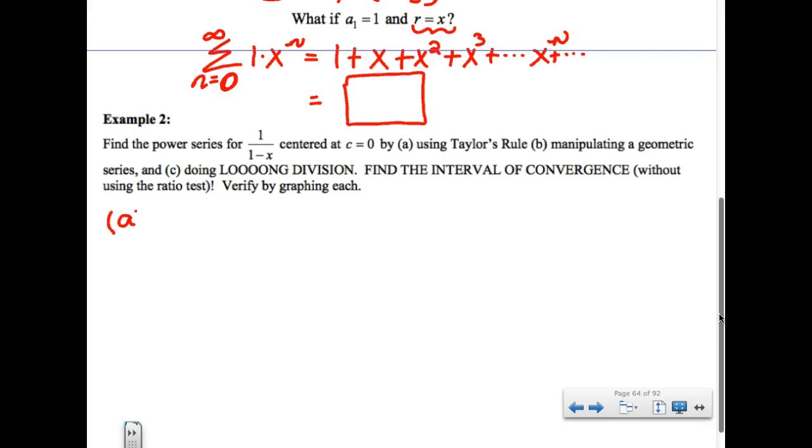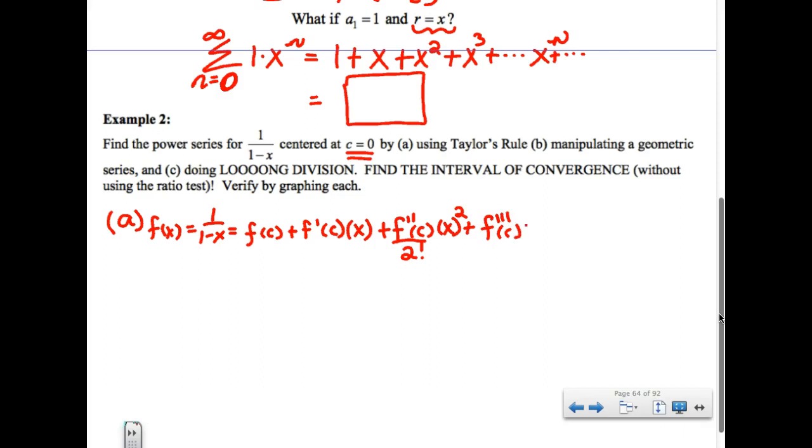Remember, Taylor's rule is as long as I have an infinite amount of derivatives at the center, I can generate the series by doing f of x equals 1 over 1 minus x is going to equal f of the center plus f prime at the center times x minus the center to the first over 1 factorial plus f double prime at the center times x minus the center squared over 2 factorial plus f triple prime at the center times x minus the center cubed over 3 factorial plus dot, dot, dot, and then the nth term, f to the nth derivative, f of c, and then it's x minus c, in this case c is 0, to the nth over n factorial. And on each of these, I'm being centered at 0.